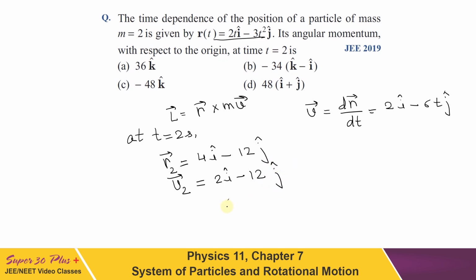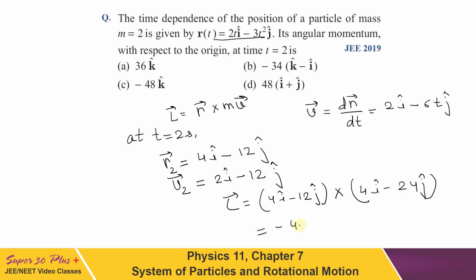And then finally we can write L to be equal to r, which is 4i minus 12j, cross mv. m is given here 2, so just multiply this whole velocity term with 2, it will be 4i minus 24j. Now on taking the cross product, we will get minus 48k, which is our option number 3.